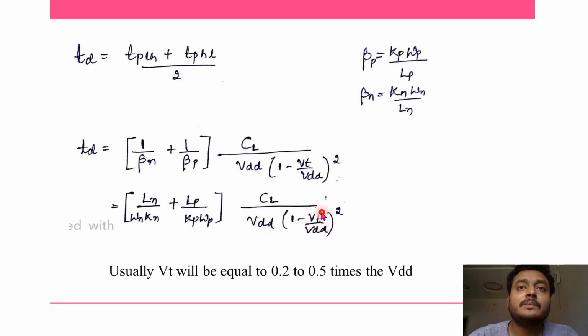Suppose we have 1 volt as VT and something like 5 volt as VDD.